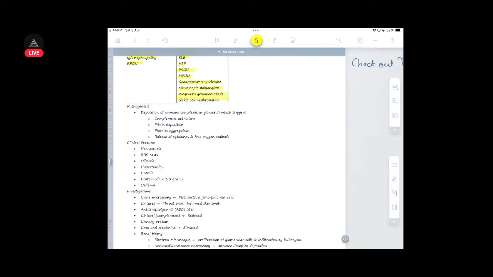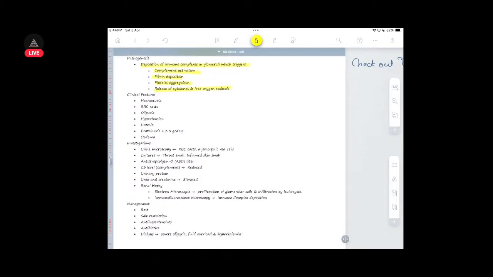So, pathogenesis: you have deposition of immune complexes in the glomeruli, which triggers complement activation, fibrin deposition, platelet aggregation, and release of cytokines and free oxygen radicals. Clinical features: hematuria, RBC casts, oliguria, hypertension, uremia, proteinuria, and edema. Investigations: urine microscopy showing RBC casts and dysmorphic RBCs.